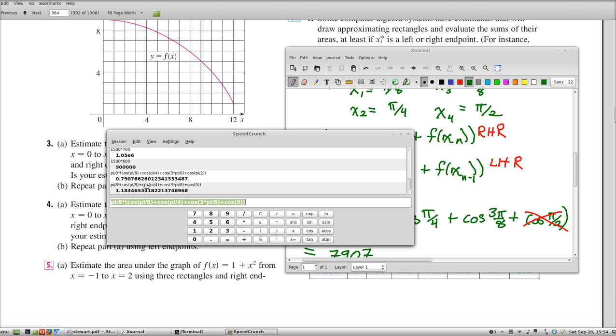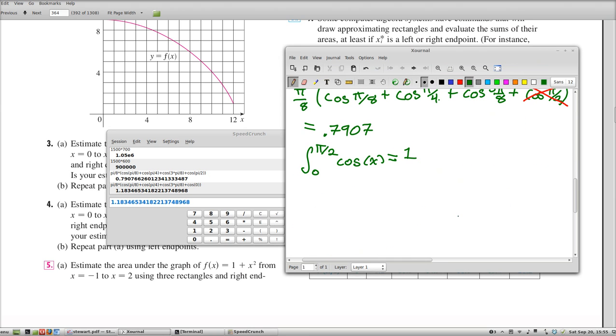Now I get this number, 1.1834. Now this is an overestimate that I get from using the left-hand rule, and this is the underestimate that I get from using the right-hand rule.